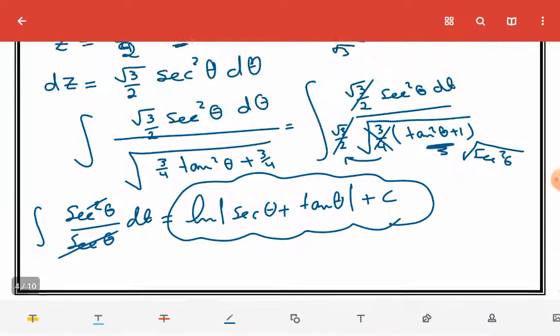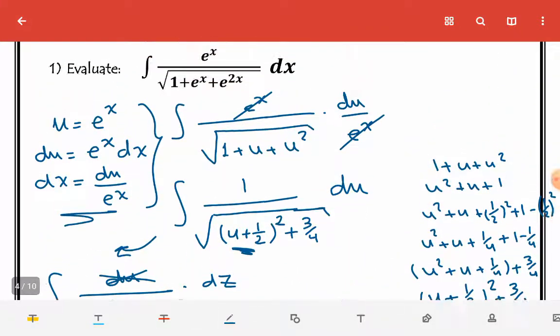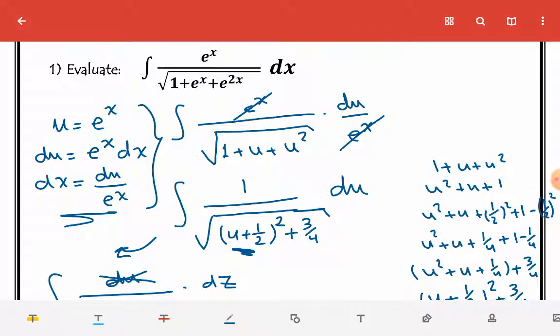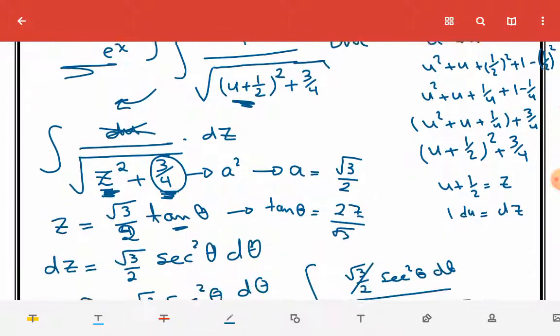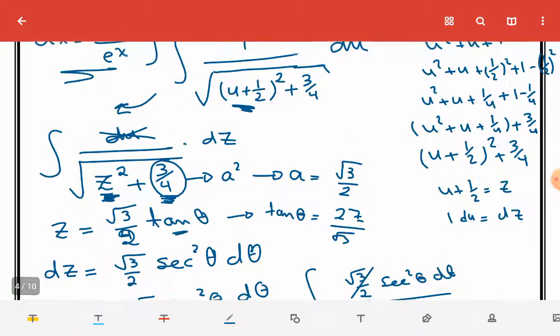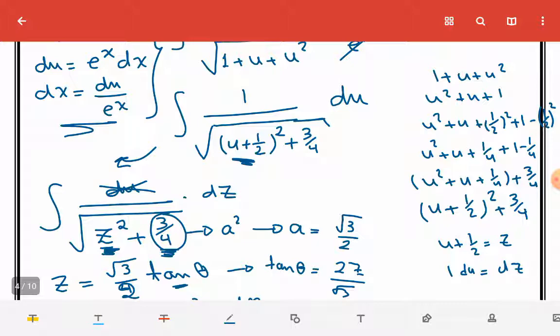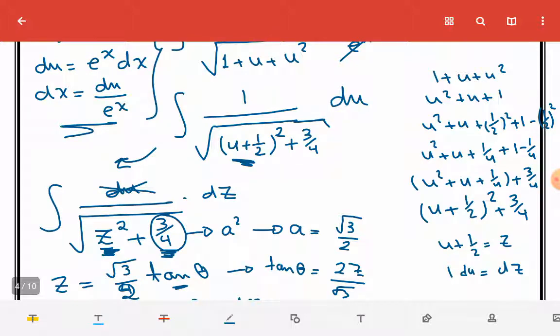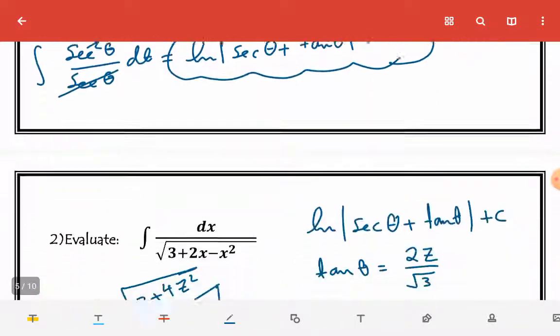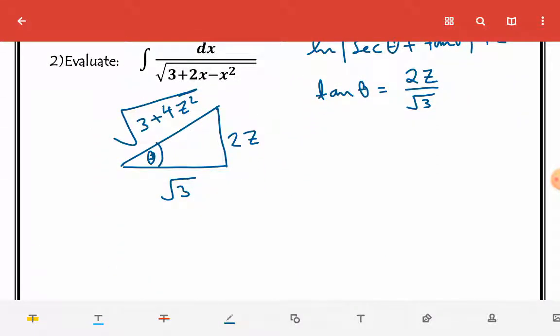And then return back again, guys, here. We let from the beginning tan theta equal 2z, and we said that z is equal to what here? u plus half, right? Every z is u plus 1/2.